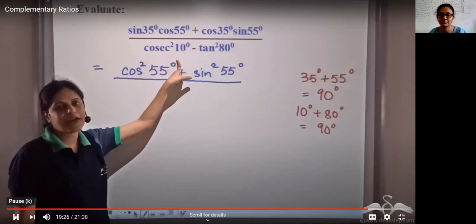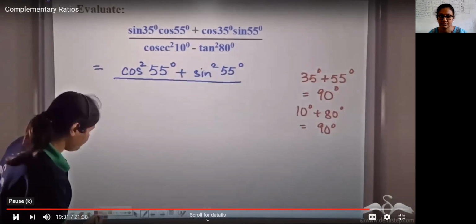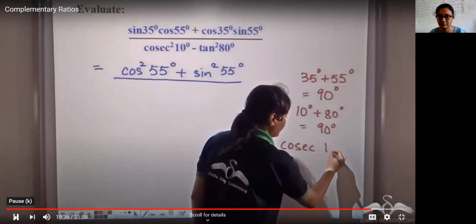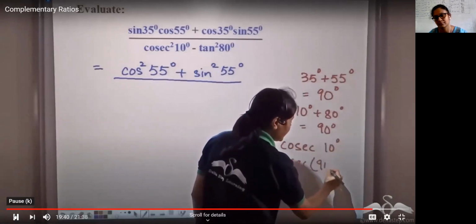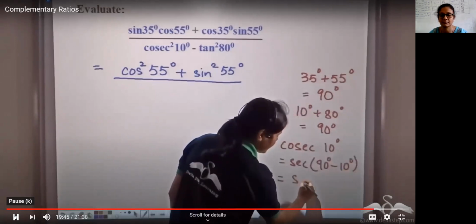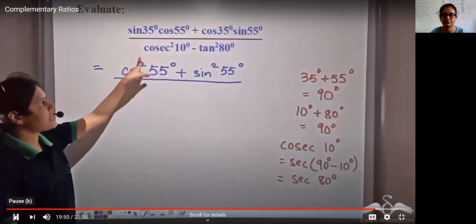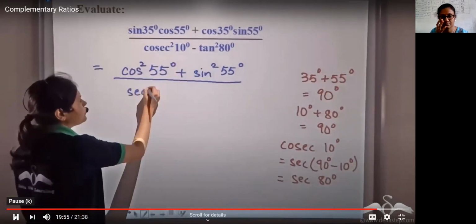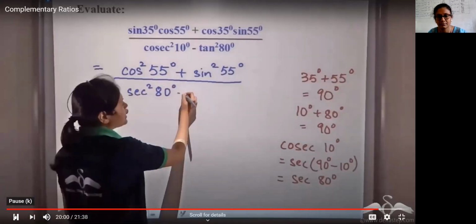And 10 and 80 are complementary angles. So cosec 10 degree is equal to sec of 90 degree minus 10 degree, which is sec 80 degree. So cosec square 10 degree is equal to sec square 80 degree minus tan square 80 degree.